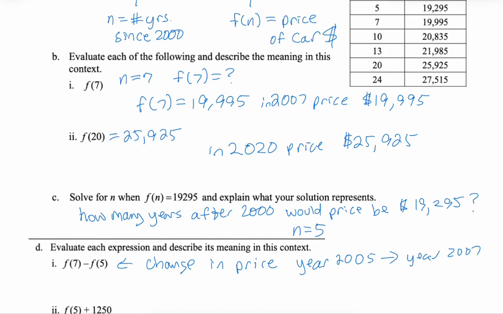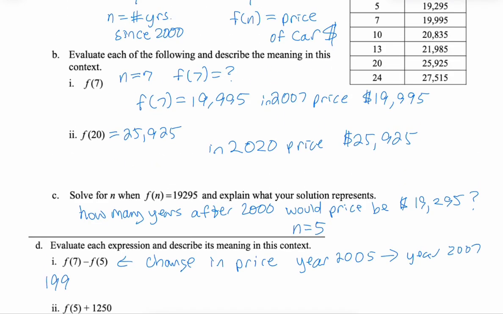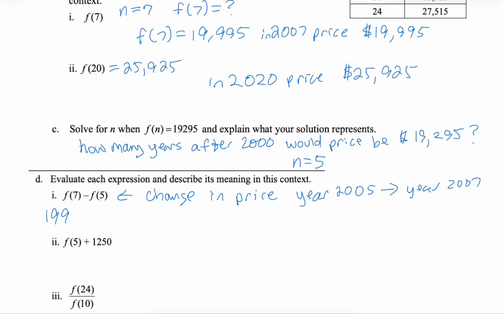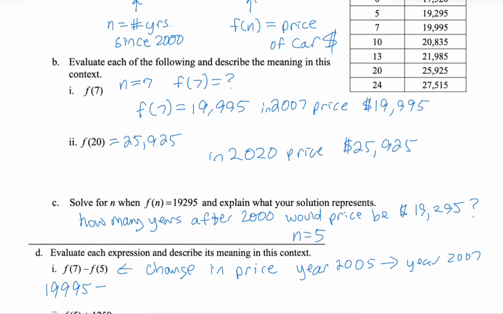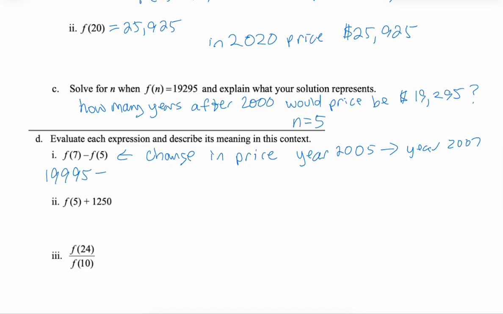So in 2007, it was 19,995. In year 5, it was 19,295. So it was a positive change. It went up by $700. So the meaning in context is, between years 2005 and 2007, the change in the price was $700. That's what that means.